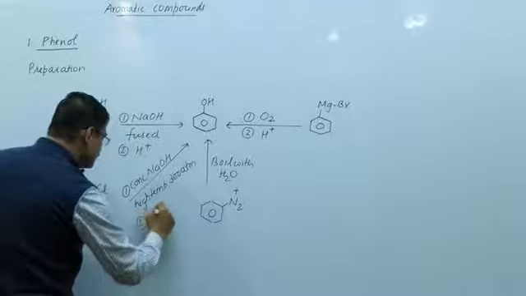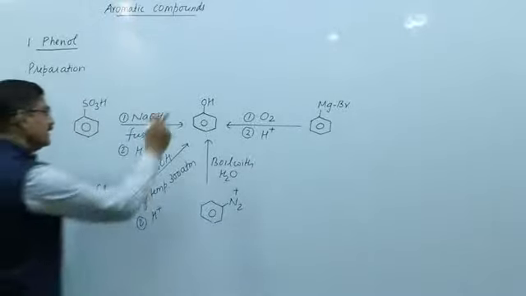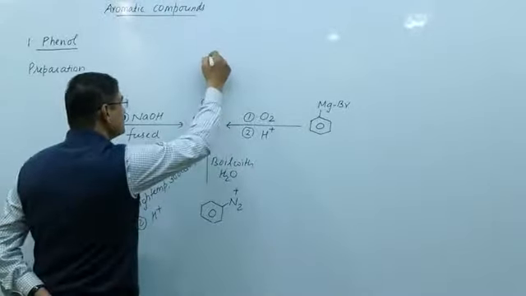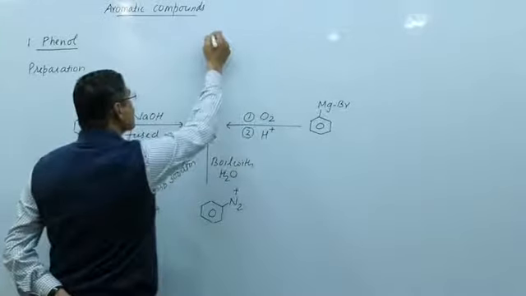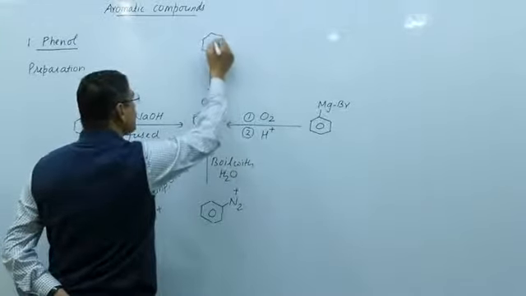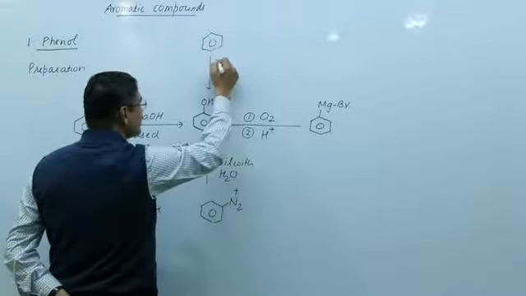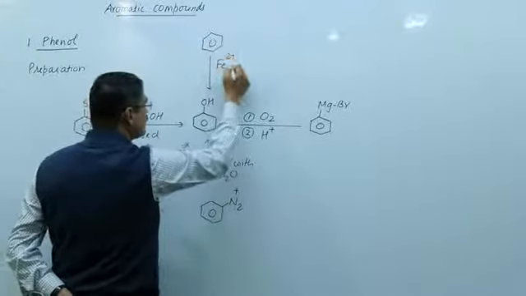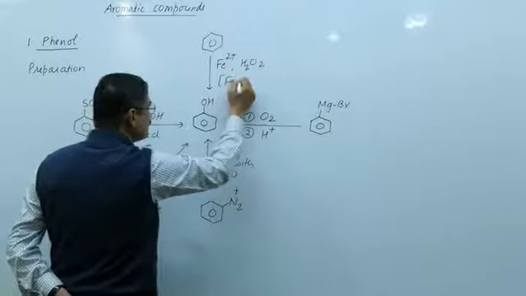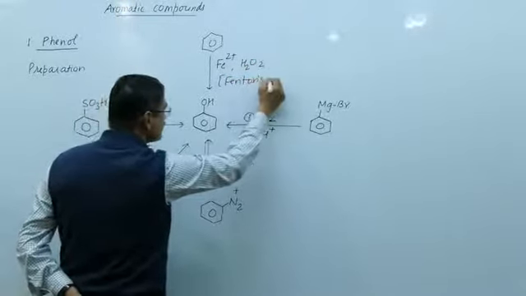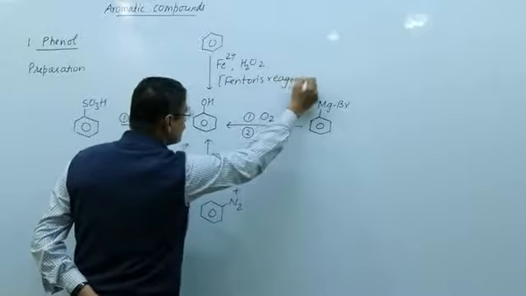We get the phenol. The next preparation of phenol is by oxidation of benzene with Fenton's reagent, Fe2+ ion with H2O2. It is known as Fenton's reagent.